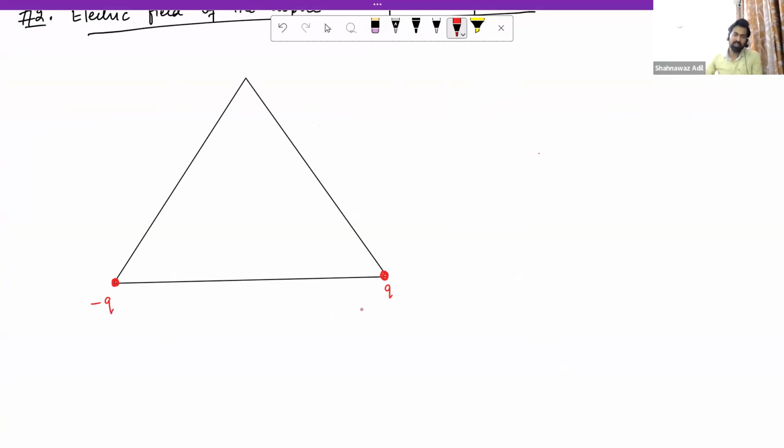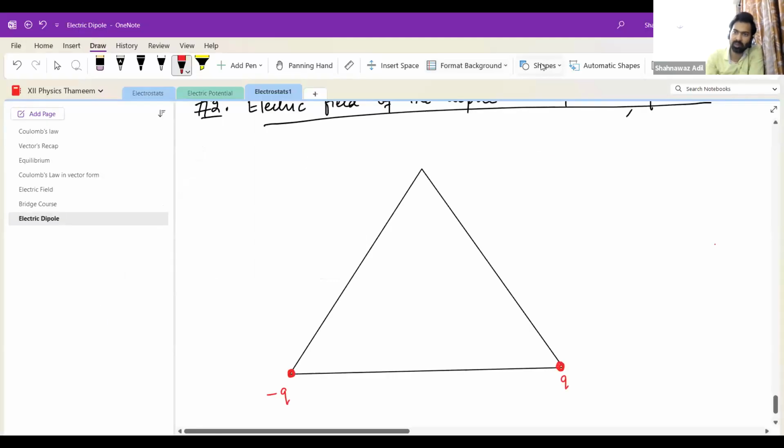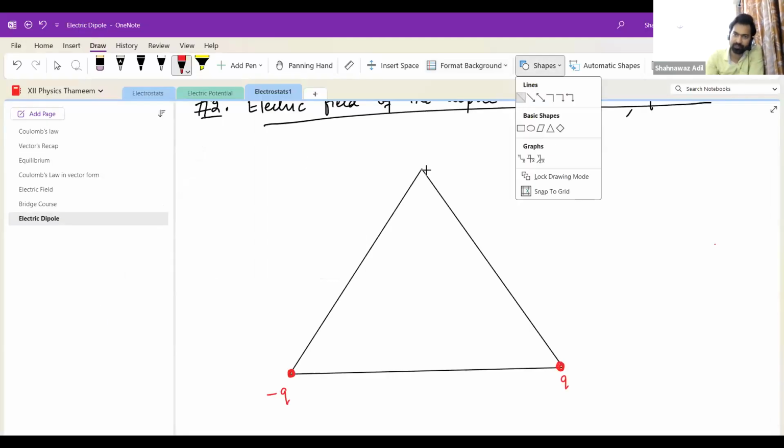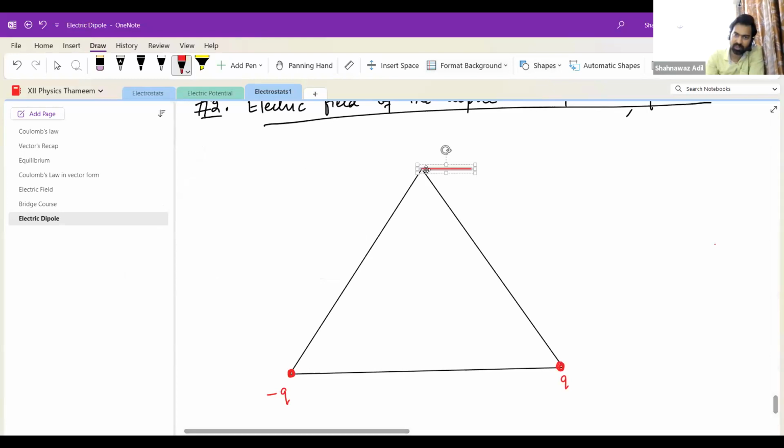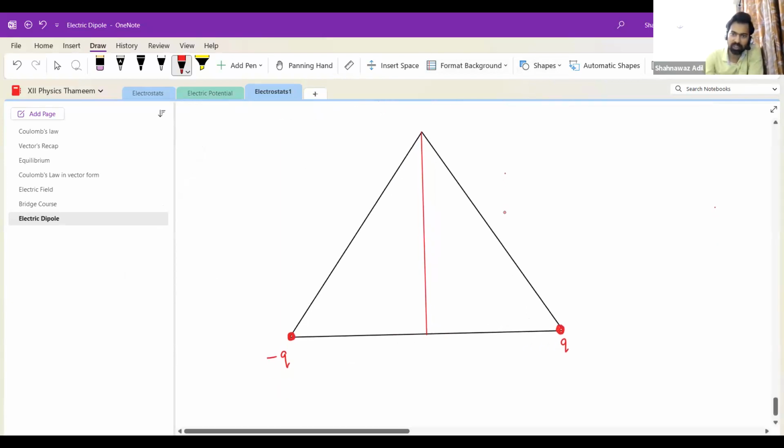And now what we do is that we make a perpendicular to this, so we draw a perpendicular, which is this. So this is the perpendicular that we draw, right?